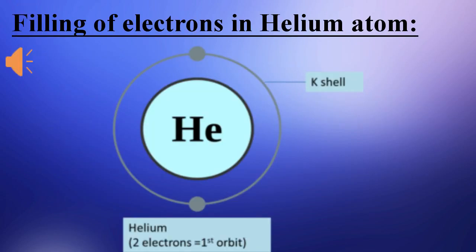Dear students, now let's discuss a few examples in order to understand the filling of electrons in shells of an atom. For this, we must remember the capacity of each shell. For example, the helium atom has 2 electrons in it, and both electrons are filled in the first orbit, just like in the picture.